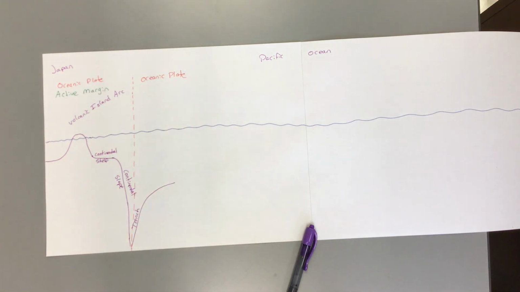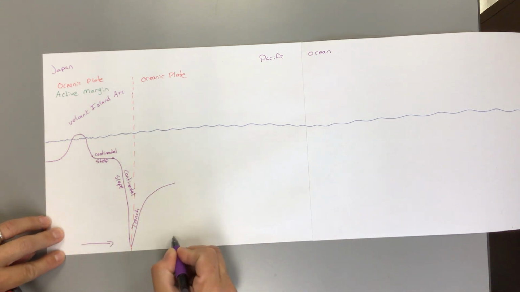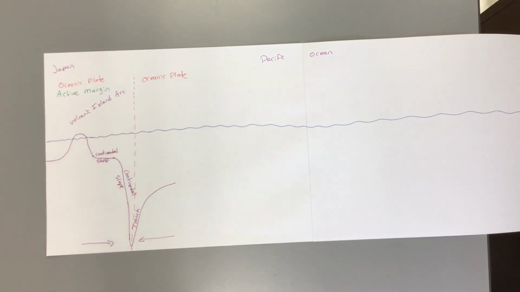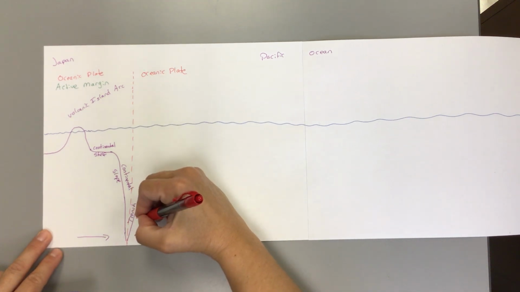It's considered active because we have plates moving towards each other. So since those plates are moving towards each other, this plate is sinking down, creating a subduction zone.